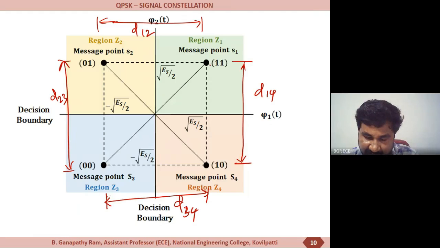The distance between these points will be square root of Es by 2 plus square root of Es by 2, which is nothing but 2 times square root of Es by 2, which is equal to square root of 2Es.